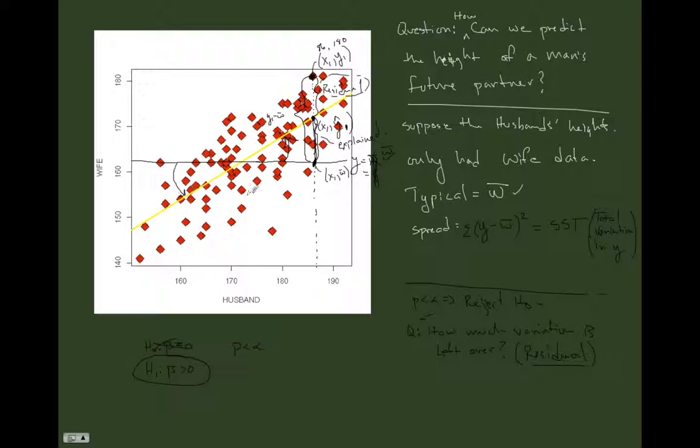Now, every single point in this data set is going to have the same kind of breakdown.